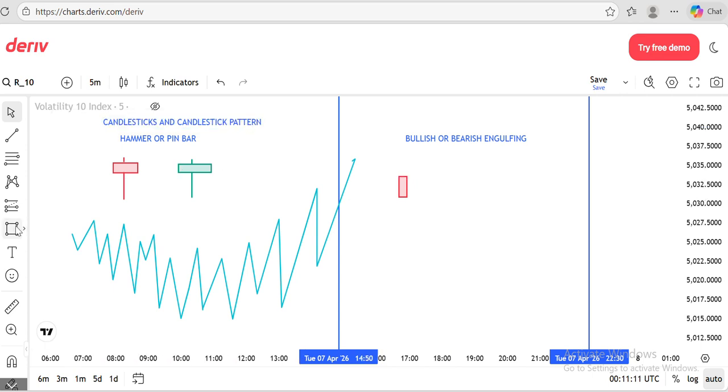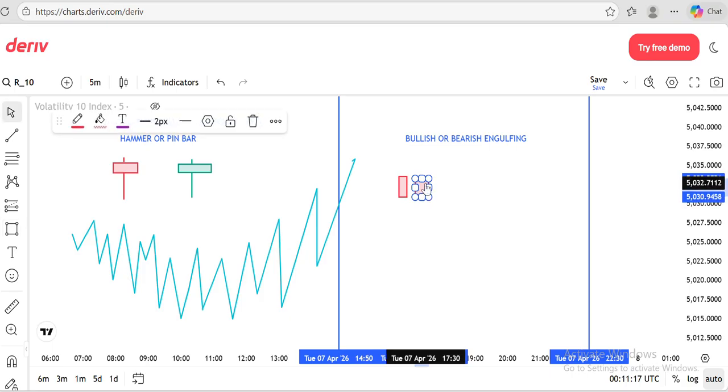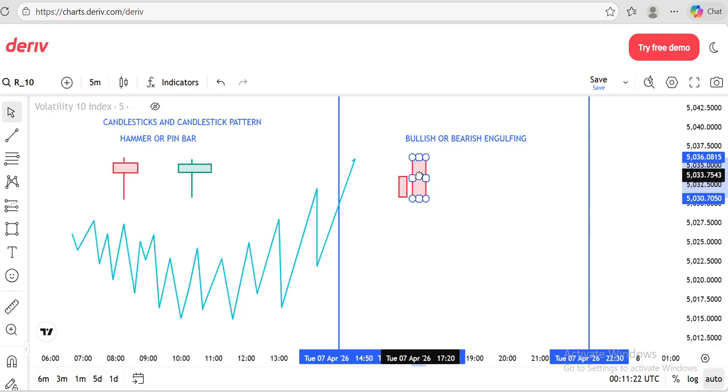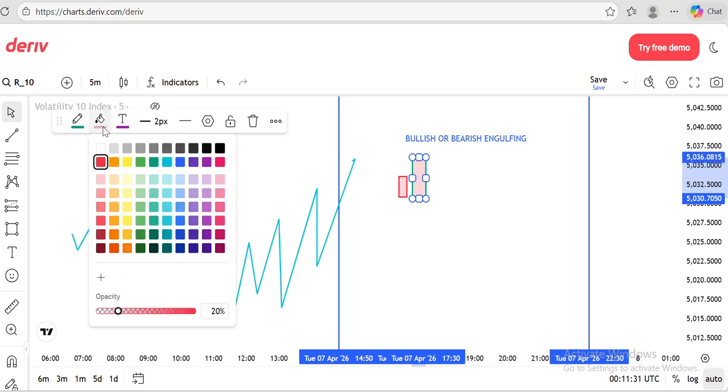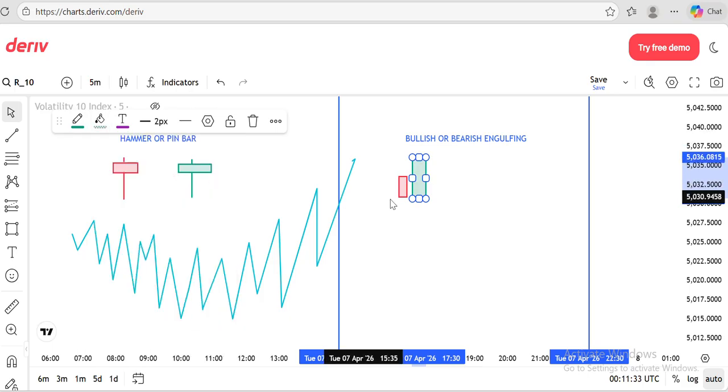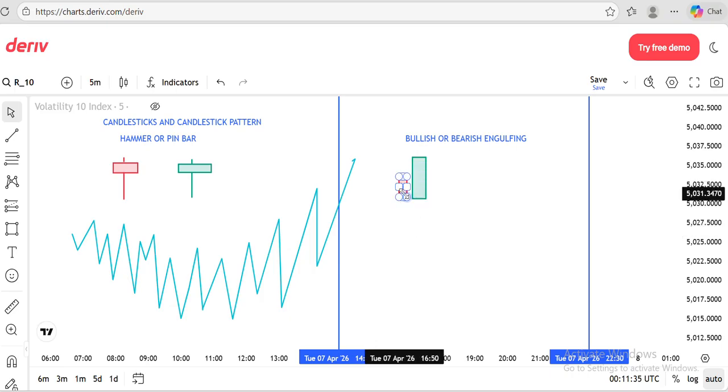So this is typically how a bullish engulfing looks like. Once they've been bearish for a long time, then suddenly a big bullish candle covers up the bearish candle. We see price has engulfed the bearish candle. It's a signal at the support level that buyers are coming into the market strongly.